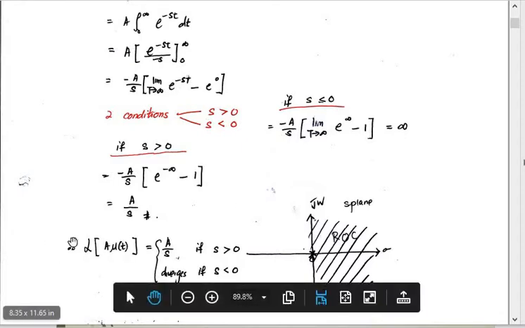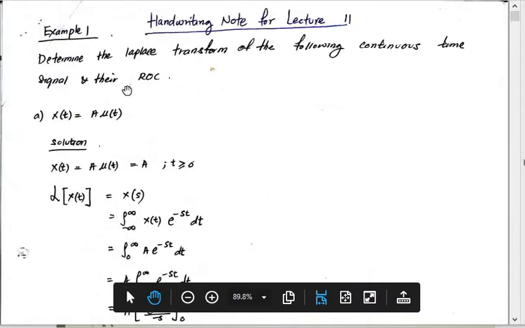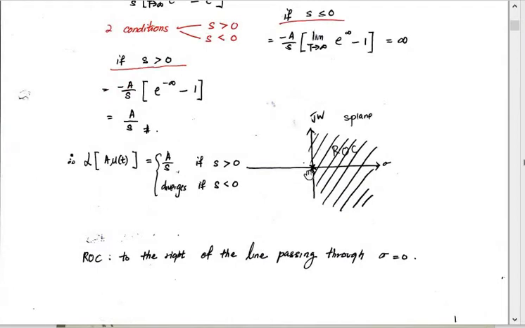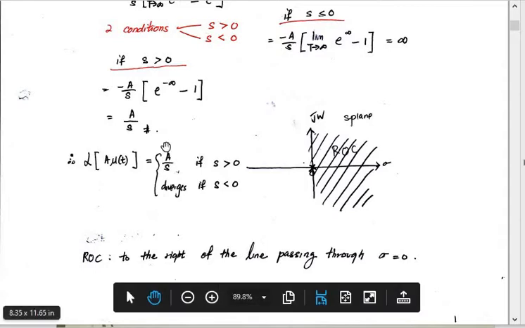So you get two answers. The Laplace transform of A u(t) is A over s for s more than 0, and infinity for s less than 0. The question also asks you to plot the ROC. The ROC is to the right of the line passing through sigma equal to 0. Okay, this is the ROC. I think a later section will teach you the rules of the ROC, and I will teach you more in detail in the later section.